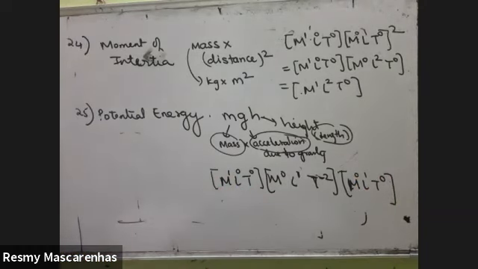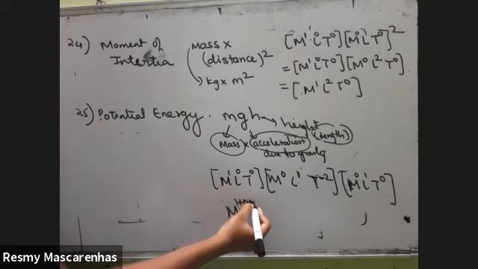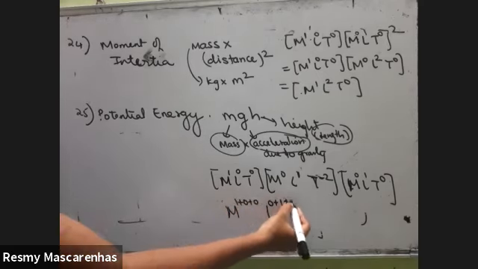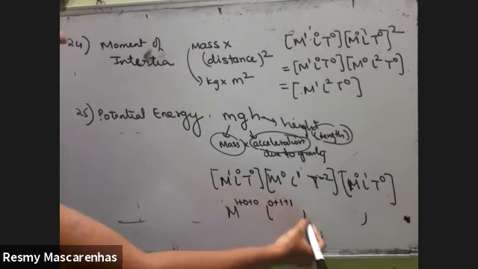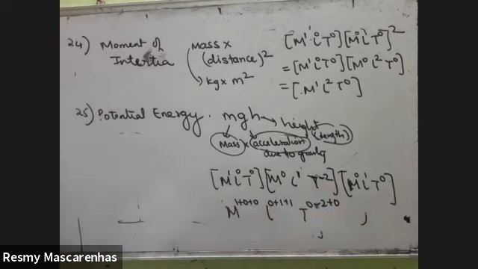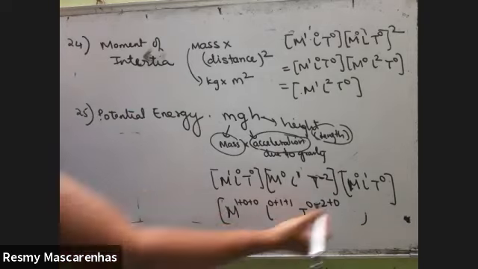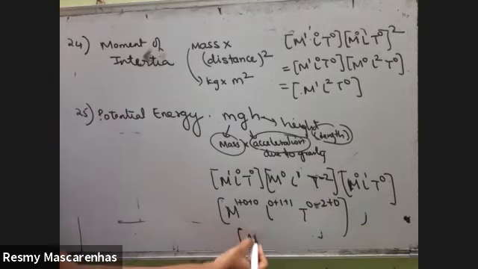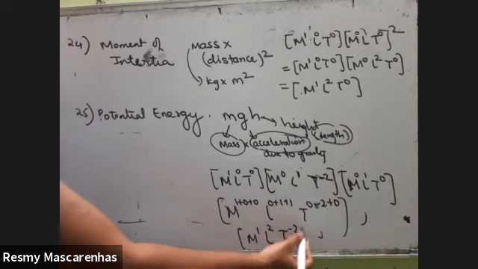And now add all the powers. All three powers will get added because all are multiplication. M: 1 plus 0 plus 0. Then L: 0 plus 1 plus 1. T: minus 2. The answer is M1 L2 T minus 2.